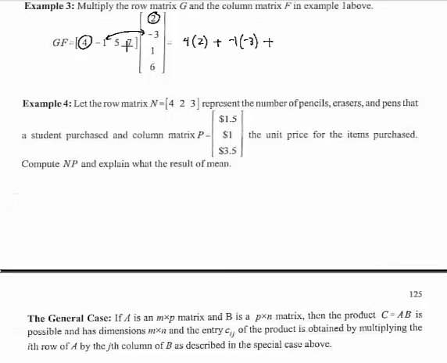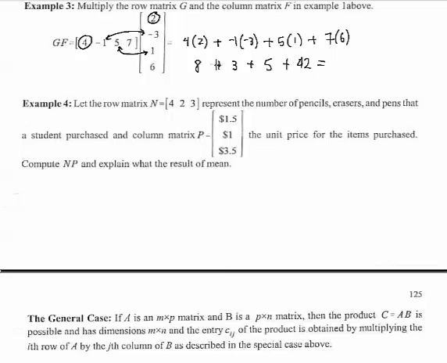Then we add the third column times the third row, the 5 and the 1, 5 times 1, and then we multiply the 7 times the 6, and we add all of that together, and this would make one element of the product of the two matrices. So 4 times 2 is 8, plus -1 times -3, which is 3, plus 5, plus 42.